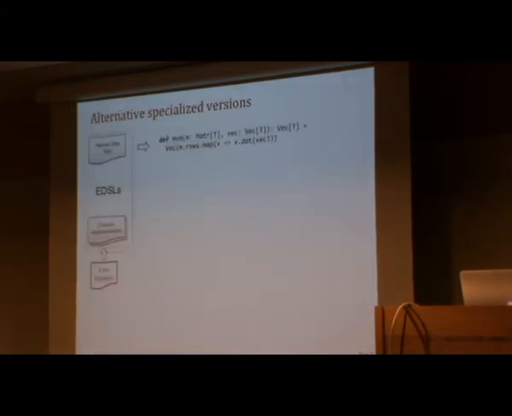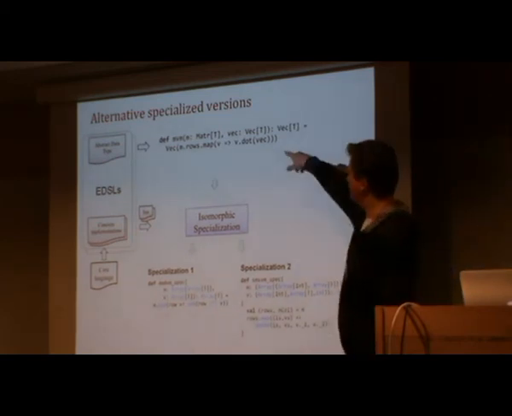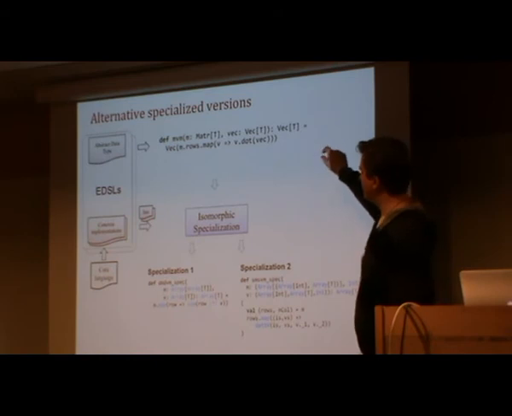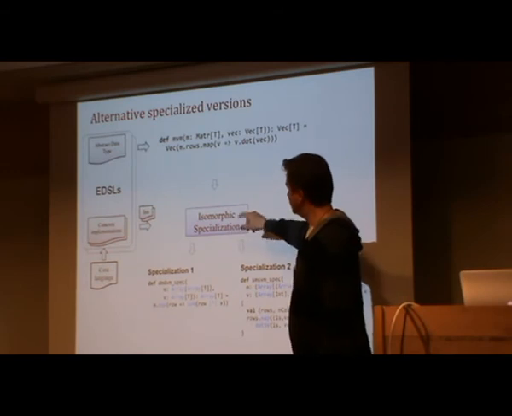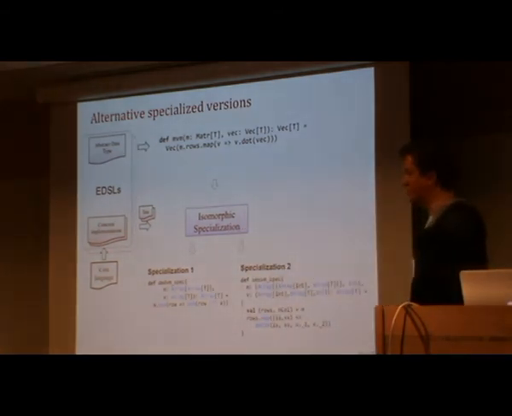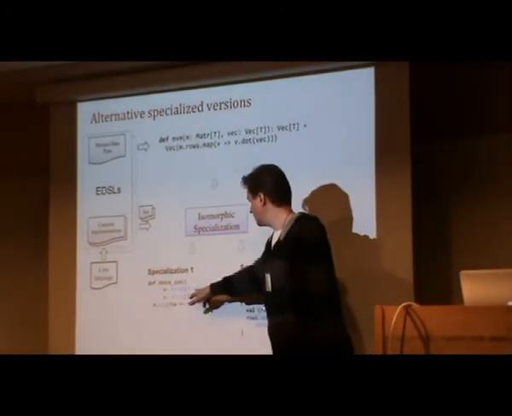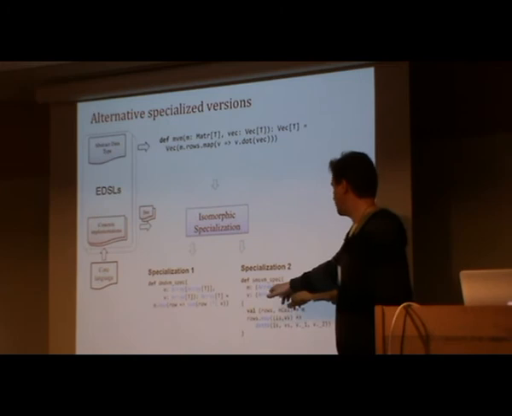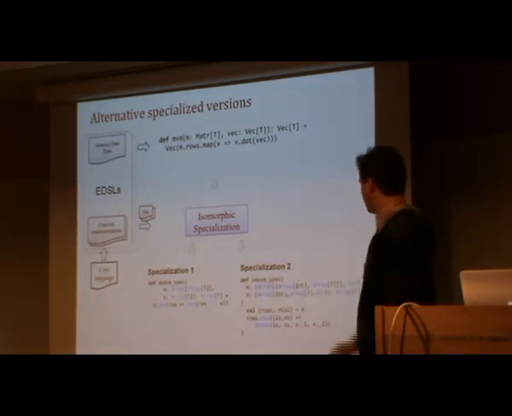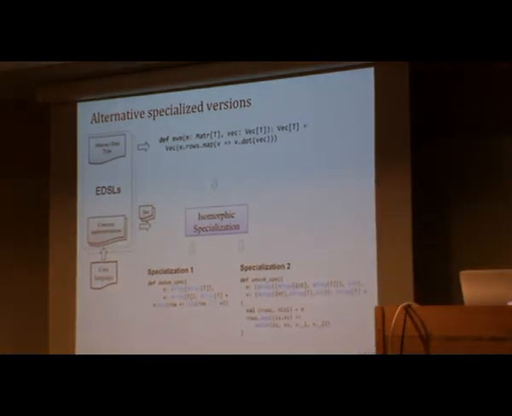And why this isomorphism is important is because if we have this abstract formulation of our original task, then by applying different isomorphisms, we can automatically generate two alternative specializations. Notice that here we have a dense representation, and here we have a different type, a sparse representation. As a consequence, we have different code here, and these versions are generated automatically.